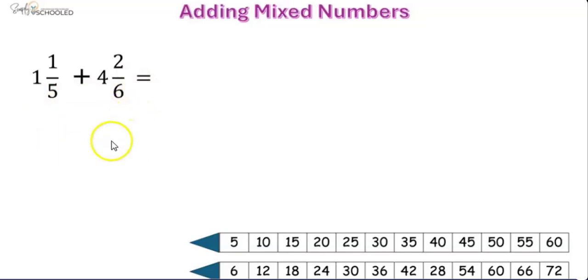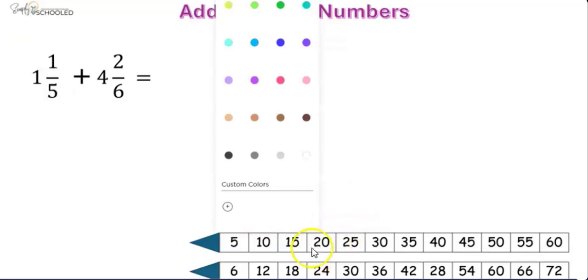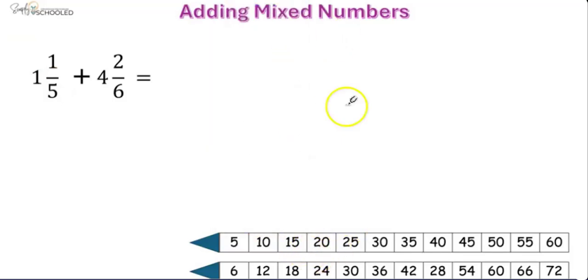So we are going to rewrite these mixed fractions with like denominators. And you can see our denominators are 5 and 6. So I have my multiplication strips here for 5 and 6. Remember, if you don't have those, you can write out the multiples, but this makes it easier to quickly identify that common multiple. So let's take a look here.